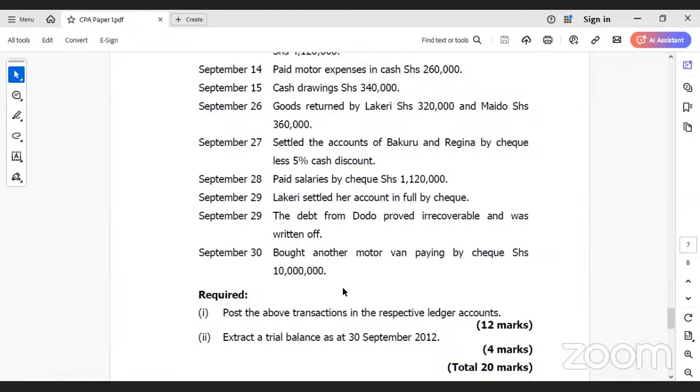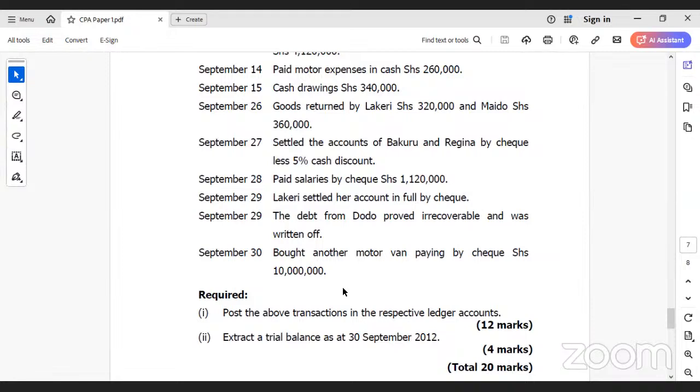So we are going to come up with a trial balance, and it's going to list all the balances of the company's general ledger accounts. You've seen the process whereby you open up the ledger accounts to post the transactions. At the end of the accounting period, you balance up all those ledger accounts.